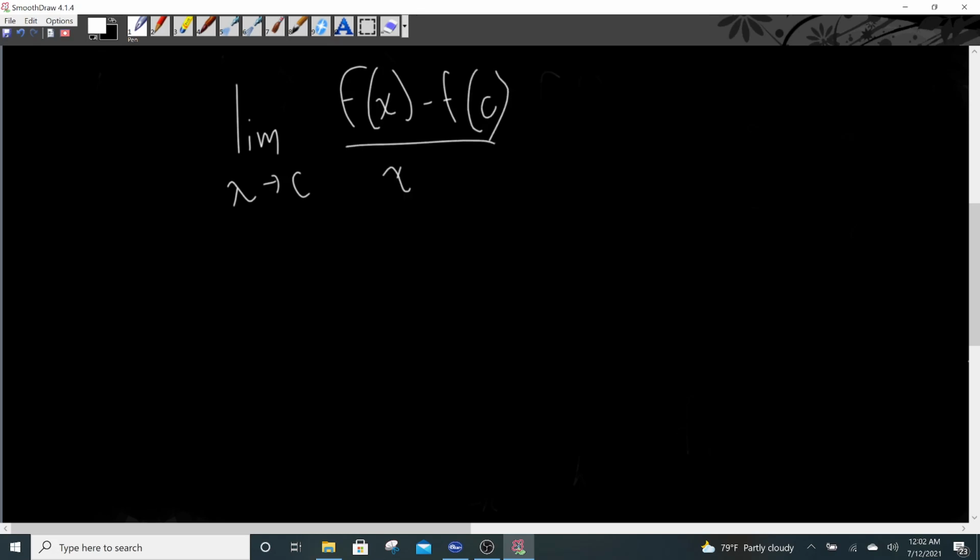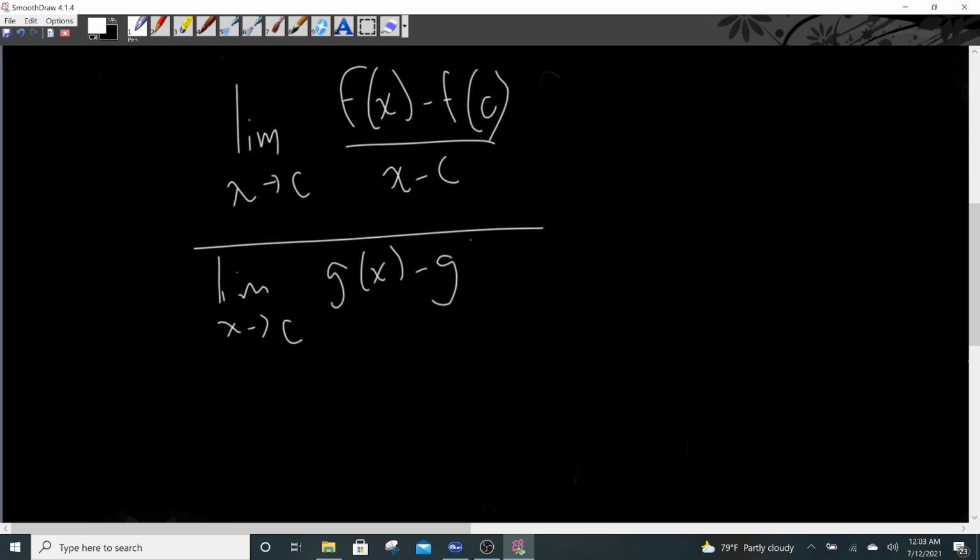That would be the limit as x approaches c of f of x minus f of c all over x minus c, and then all of that over the limit, again as x approaches c, of g of x minus g of c, again all over x minus c. And we defined a proto-derivative.